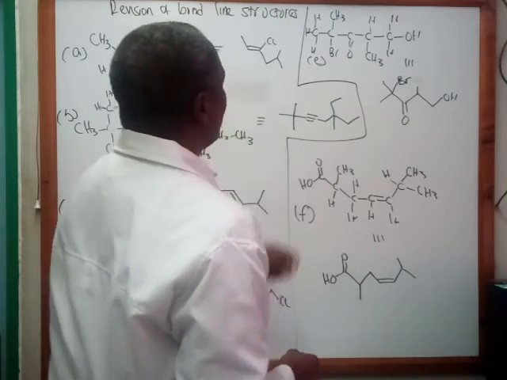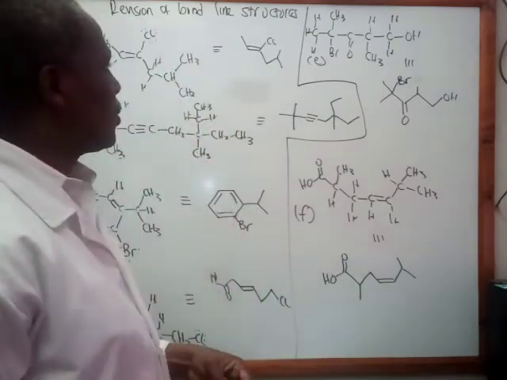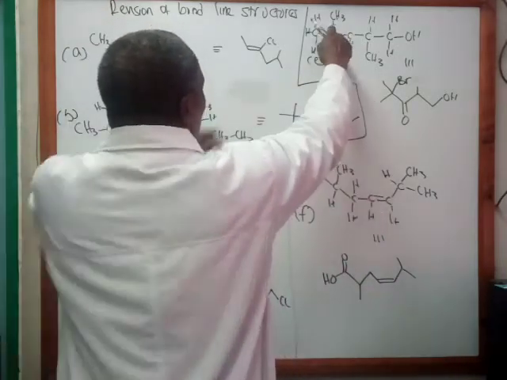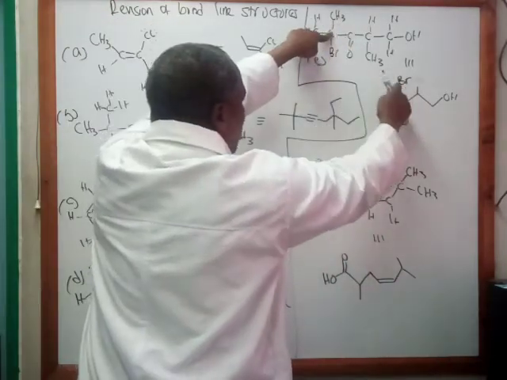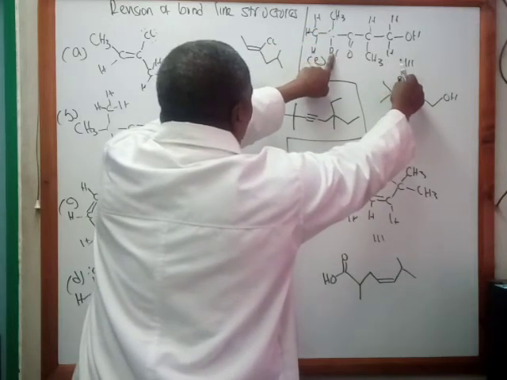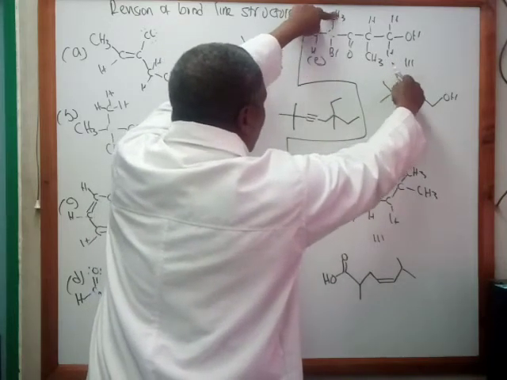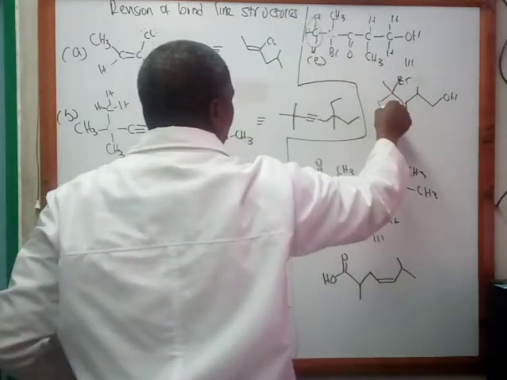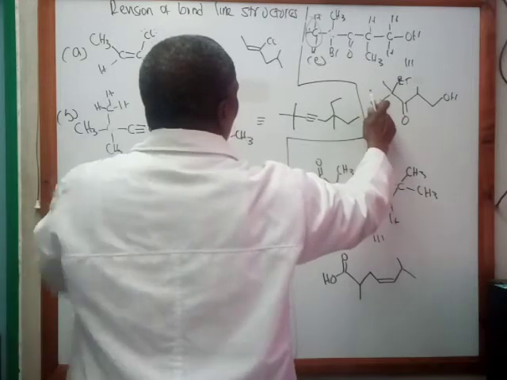Okay, good. I think it's the same. I thought I had misrepresented. So this carbon with the bromine is this carbon. So there's the carbon with the bromine, and next to it there is the CH3, and then there is another. This CH3 is that CH3, yeah. Okay, good. So that is CH3.